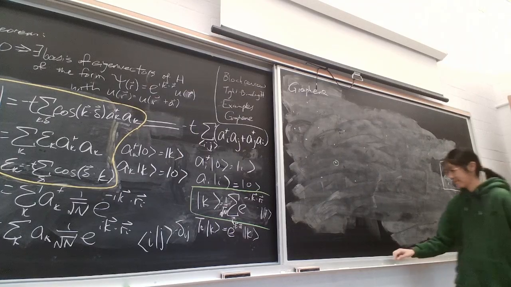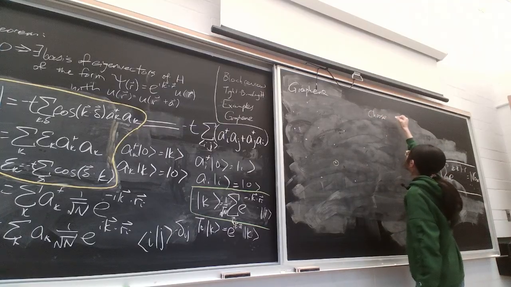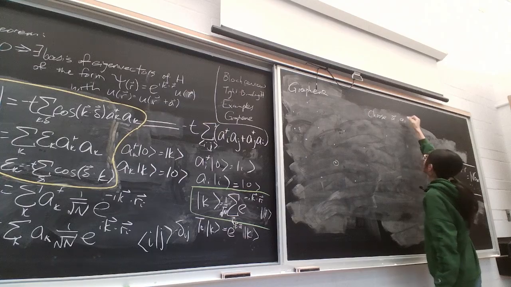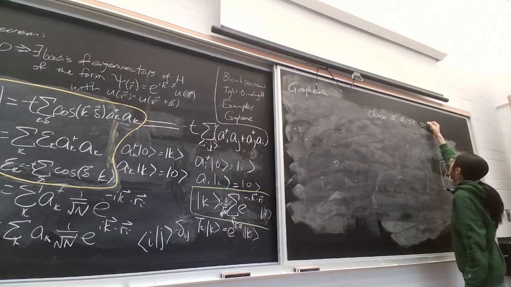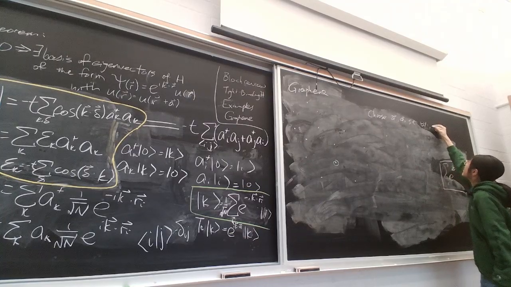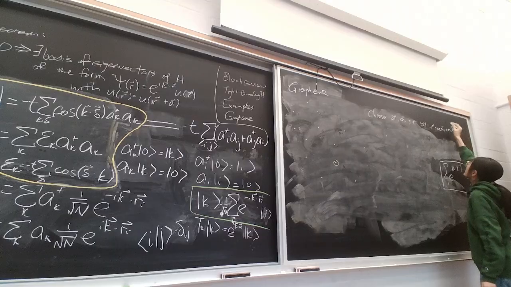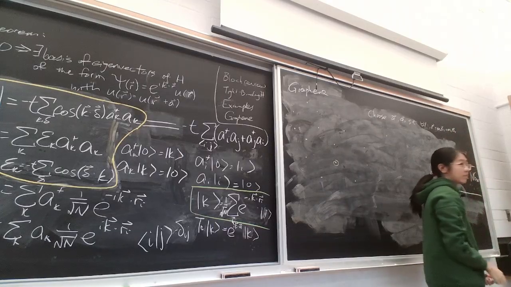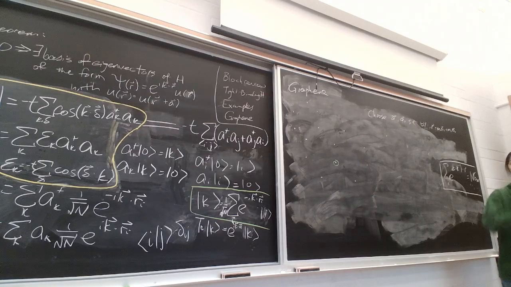I want to choose A1, A2 such that any R can be written as some n1 A1 plus n2 A2. This is what I want to do. And now let's try and do this for the graphene lattice. We see something goes wrong, and then we do something else.